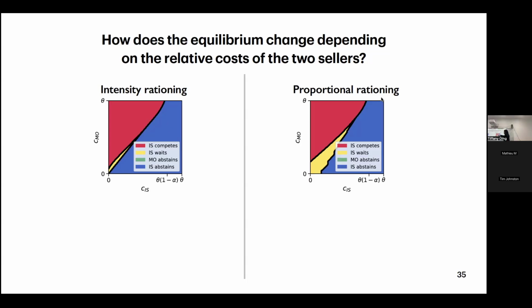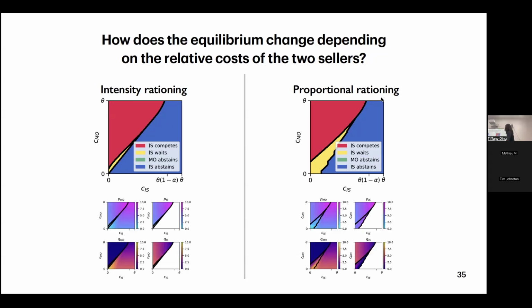Conversely, when the cost for the marketplace operator is lower, at equilibrium, usually the marketplace operator will just sell themselves. So that puts us in the blue, independent seller abstains region. And then there's a small yellow region in the middle where the 2 players have similar prices. And in those cases, it can be optimal for the independent seller to wait.